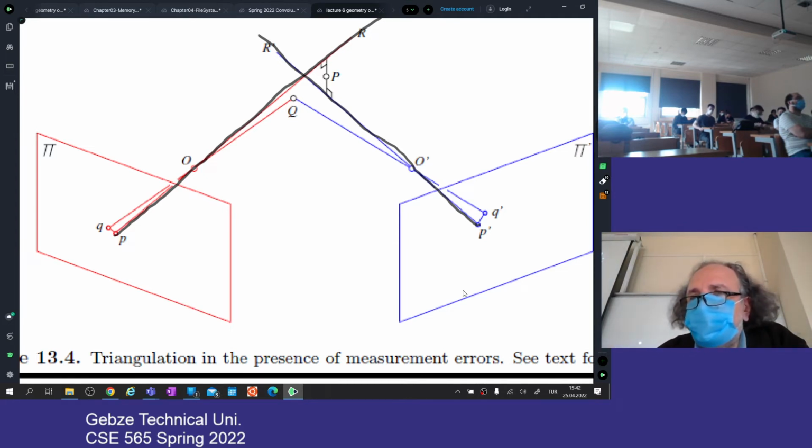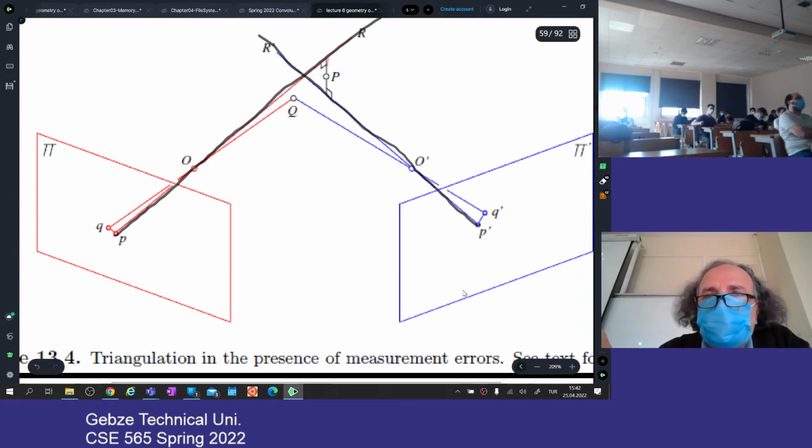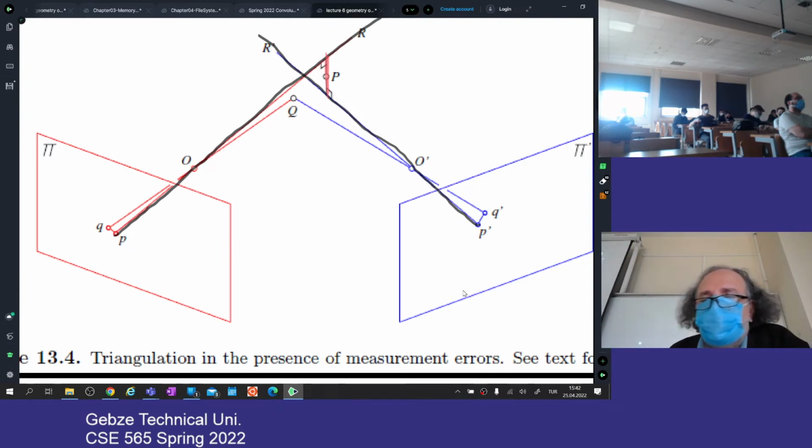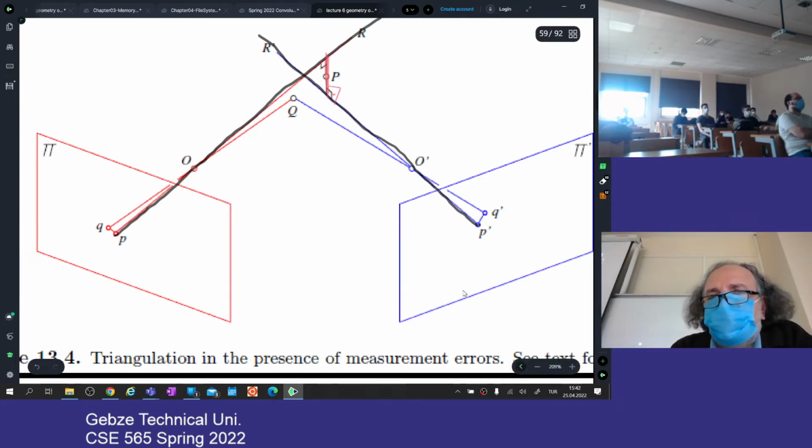Find the line segment that connects these two lines, the minimal line segment, the shortest one. This minimal line segment will be perpendicular to both of these lines.